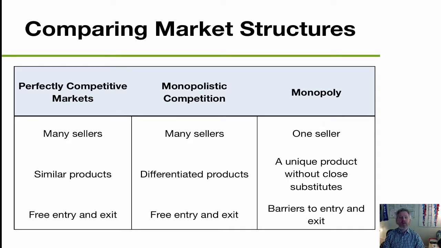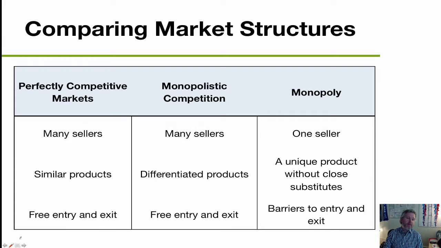Here's a little table that I put together to give you the differences between perfectly competitive markets, monopolistic competition, and monopoly. Perfectly competitive markets have many sellers, monopolistic competition has many sellers, and monopoly only has one seller.